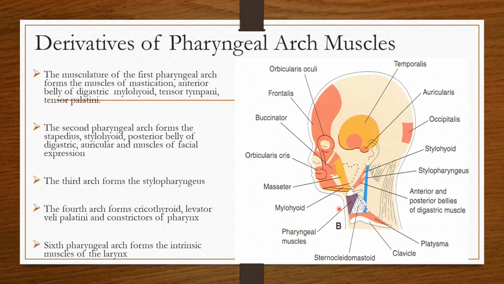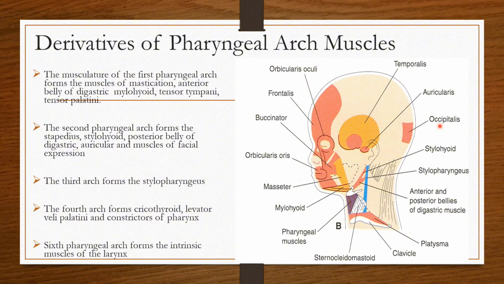The second pharyngeal arch usually forms muscles of the facial expression. So in dark pink color you can see the orbicularis oculi, the frontalis muscle, the buccinator muscle, the orbicularis oris muscle, and also part of the auricularis muscle and occipitalis muscle.